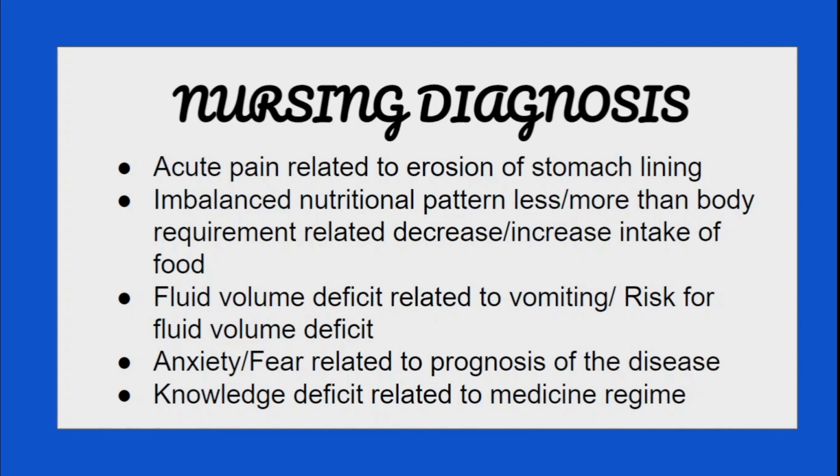In case of duodenal ulcer, it will be imbalanced nutrition, less than body requirement, related to decreased intake of food. Then fluid volume deficit if the patient has vomiting, or risk for fluid volume deficit related to nausea. Next is anxiety or fear related to prognosis of the disease, and then knowledge deficit related to medicine regimen.